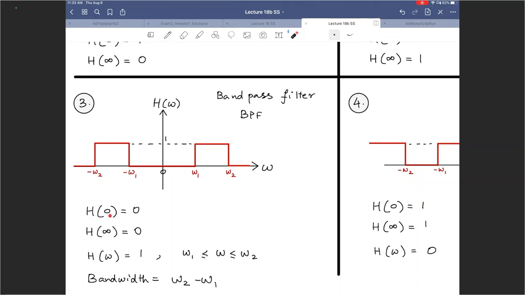So H of 0 is 0, and H of infinity is also 0, but it is 1 between omega 1 and omega 2. So the bandwidth of this bandpass filter is simply omega 2 minus omega 1.